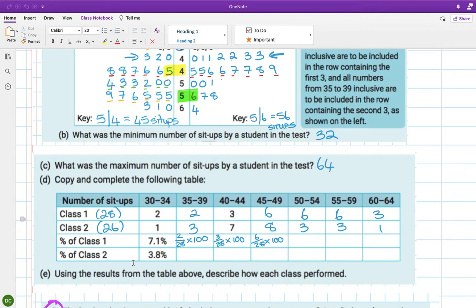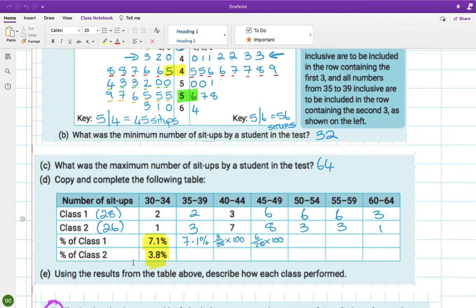So 2 over 28 multiplied by 100. It doesn't say anything about decimal places, but seeing as the 2 that are done have 1 decimal place, I think I might go with 1 decimal place. So I'm going to just rub this out because I've no room. And it's 7.1%.